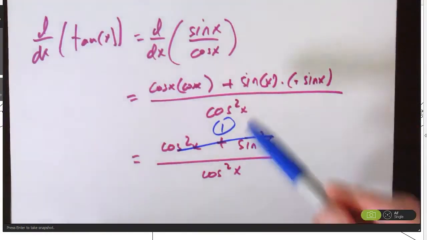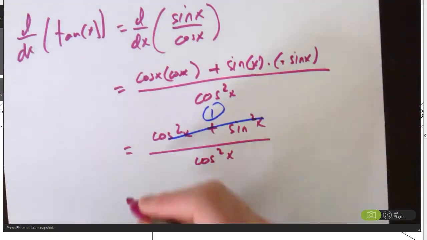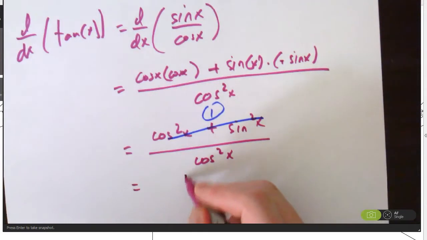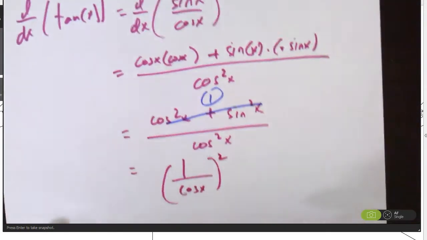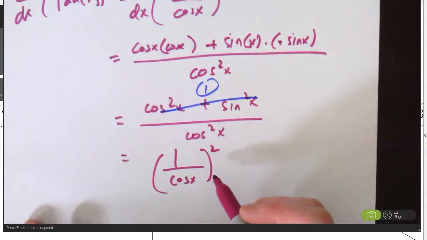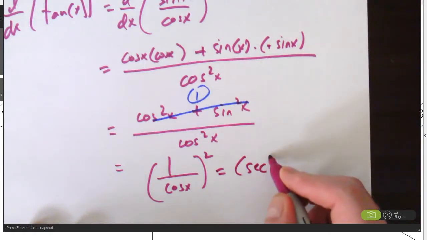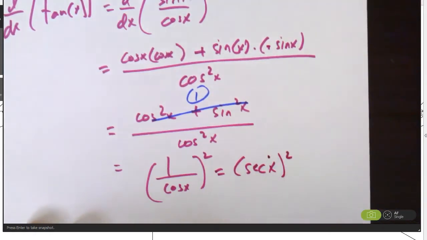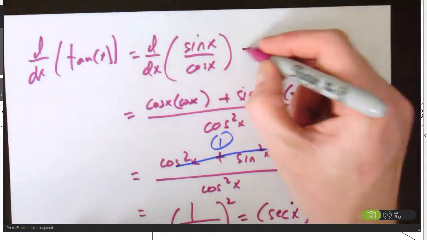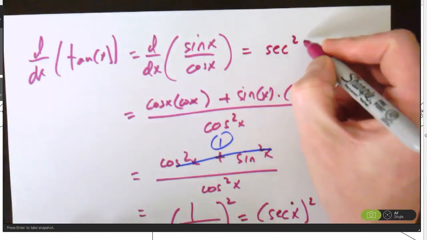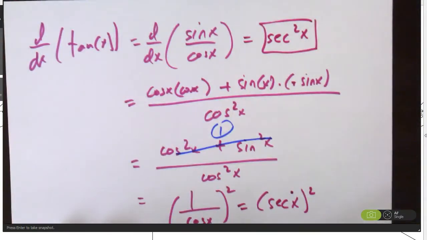So I get 1 over cosine squared x. The next step is realizing that's really 1 over cosine of x quantity squared. And what function is the reciprocal of cosine? That would be secant. So the derivative of tangent is secant of x squared, or the way we write it, secant squared x. So there's the derivative of tangent.